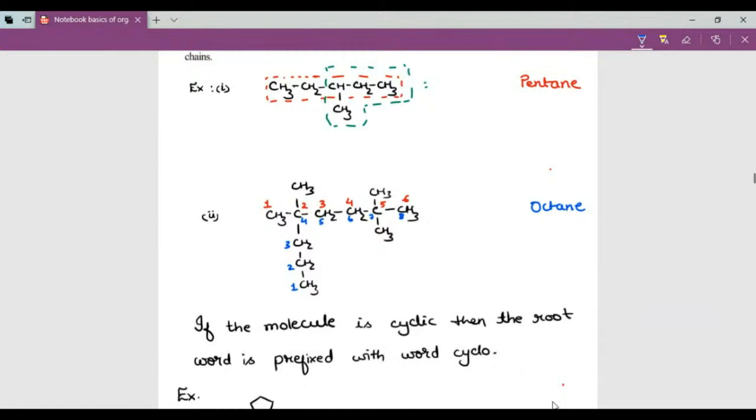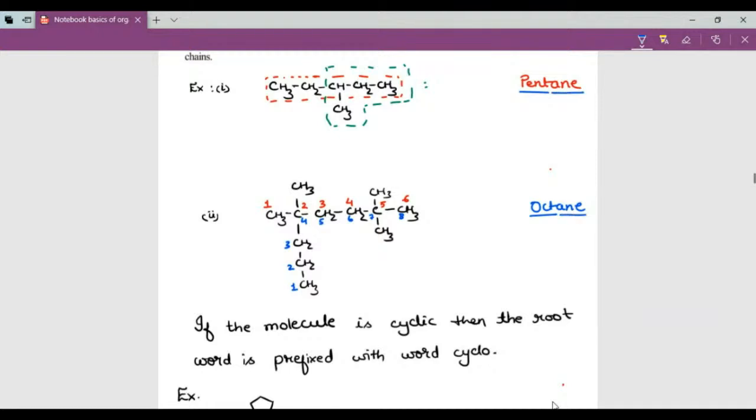This is your first step. Count the carbons in the longest parent chain. Corresponding to that, you assign the root word, pent, oct. Check the carbon-carbon linkages, as all in my two examples are single bonds, so I was directly using the primary suffix "-ane".